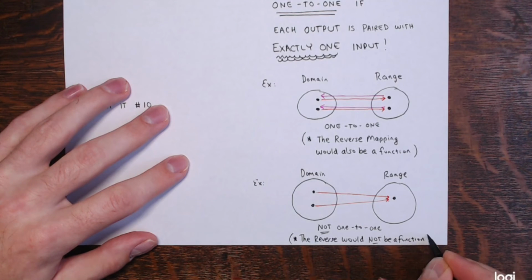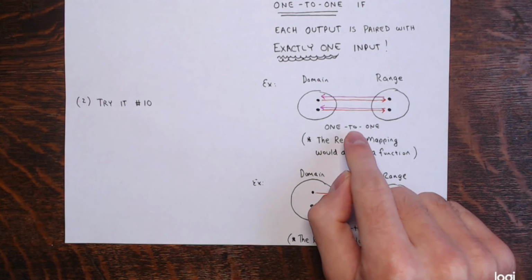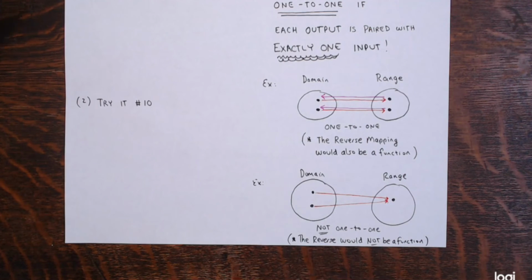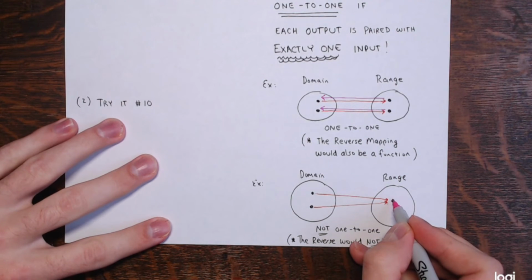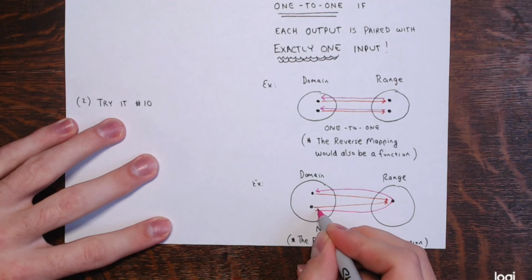And that's a way you can test if you have a one-to-one function or not. You look at the function, then you say, oh, what if I reverse this? Would the reverse also be a function? If the reverse would also be a function, that means your original function is one-to-one. If the reverse would not be a function, watch this, I would have this element corresponding to that, just reversing the arrows.